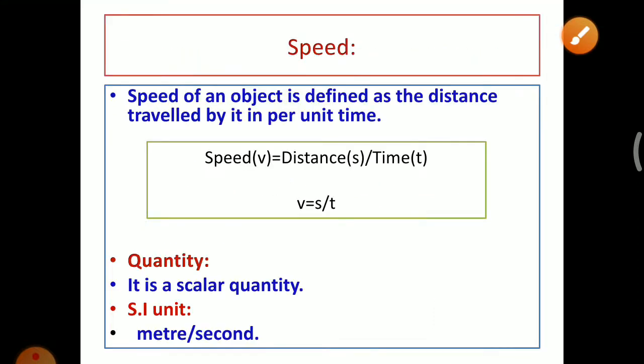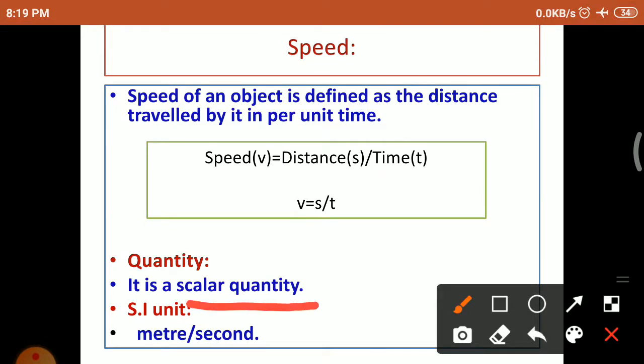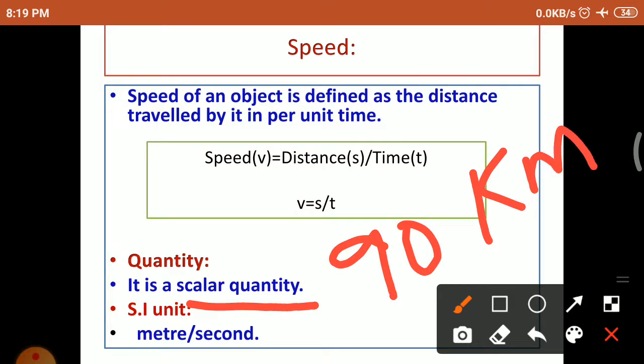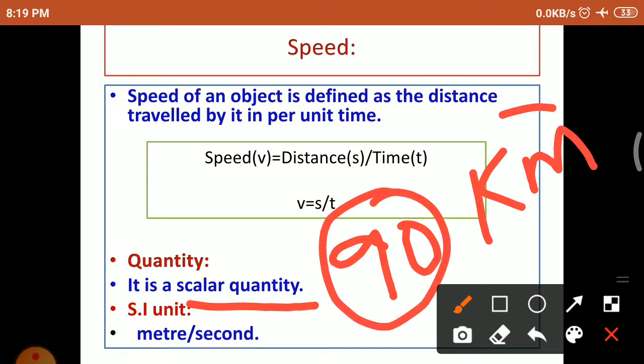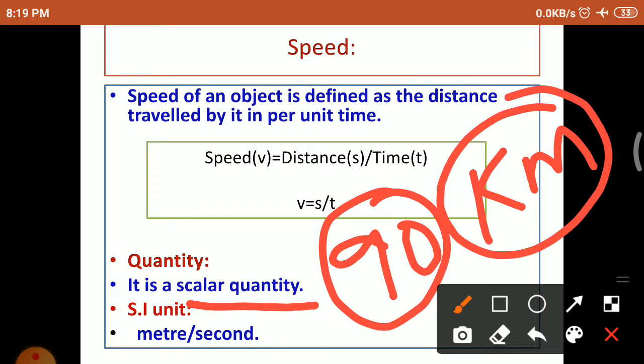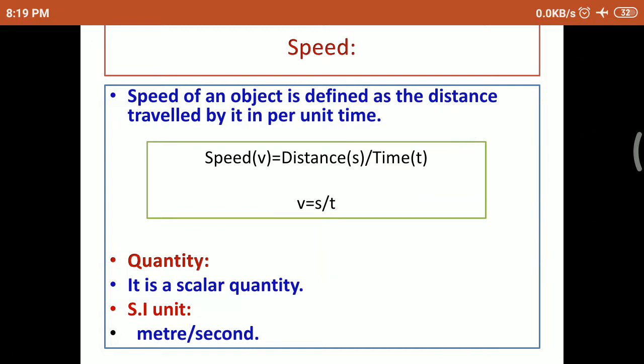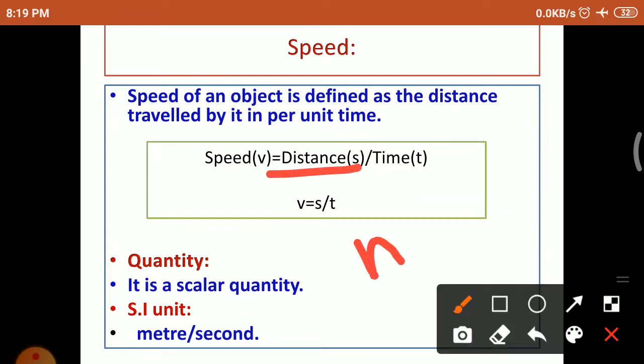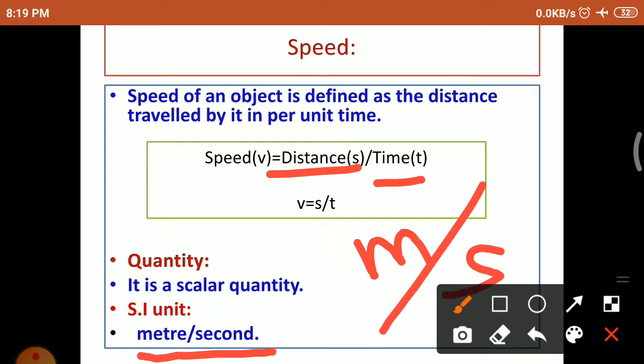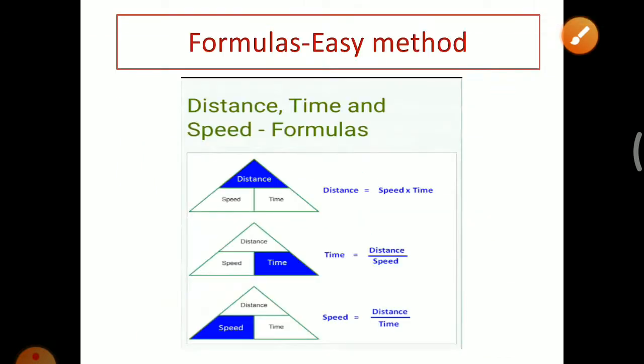Speed is a scalar quantity. A scalar quantity has only magnitude. For example, 90 kilometer: here 90 is the magnitude and kilometer is the unit. So it is a scalar quantity. And the SI unit is meter per second, because the distance is measured in meters and the time is measured in seconds.